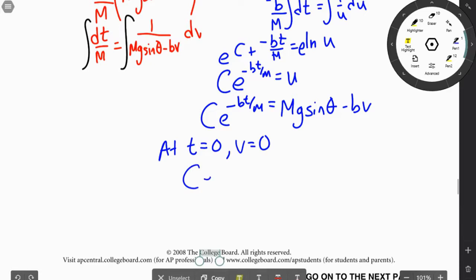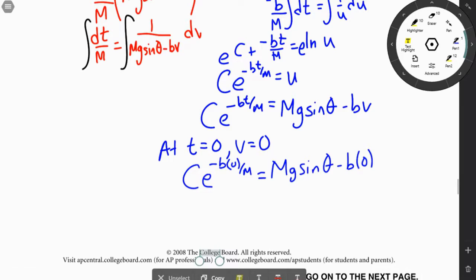So c e to the negative b times 0 over m equals mg sine theta minus b times 0. All I did was plug in my zeros. And so this whole term here is 1. So c equals mg sine theta. So that's going to be my c.